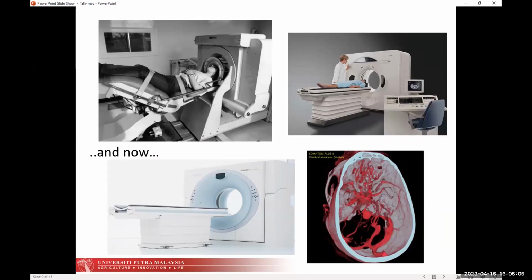There are like 4 generations of CT scan.